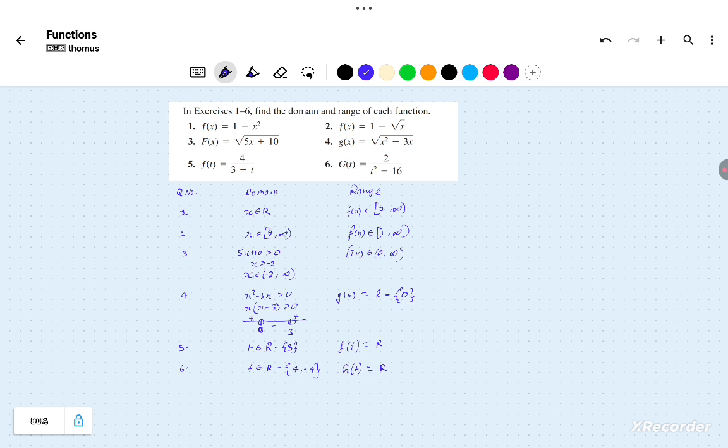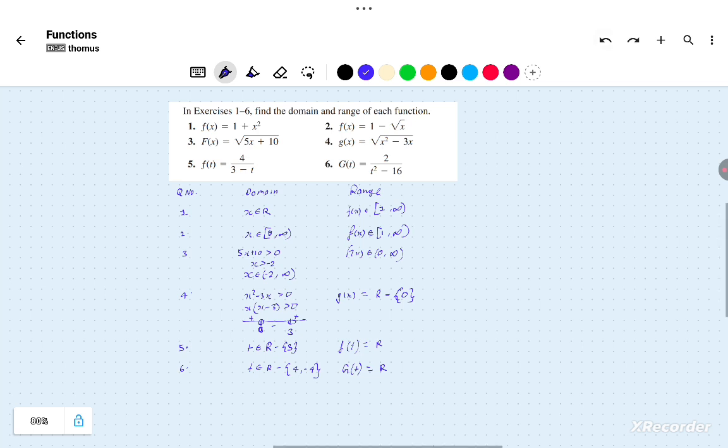Considering its range, because the minimum value of x here can be 0, my root x can be 0 at minimum. The minimum value of f(x) will become just 1 and it will go from 1 all the way towards infinity.